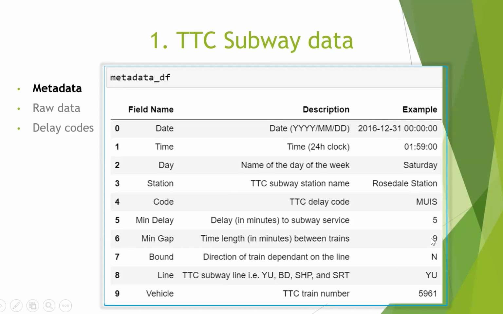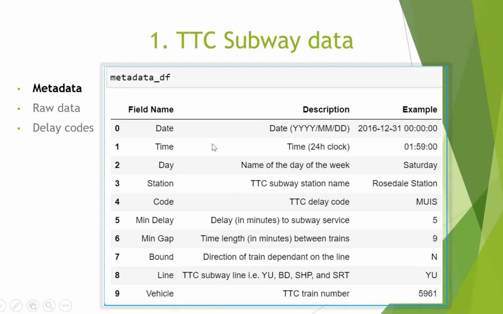So there was a 9-minute gap between this train and the next train. Bound refers to the direction of the train, like this particular train was northbound. And there are different lines like the Yonge University line. And then there was a vehicle number.